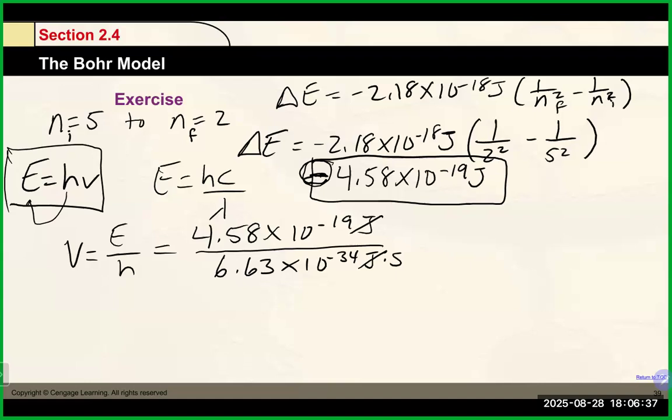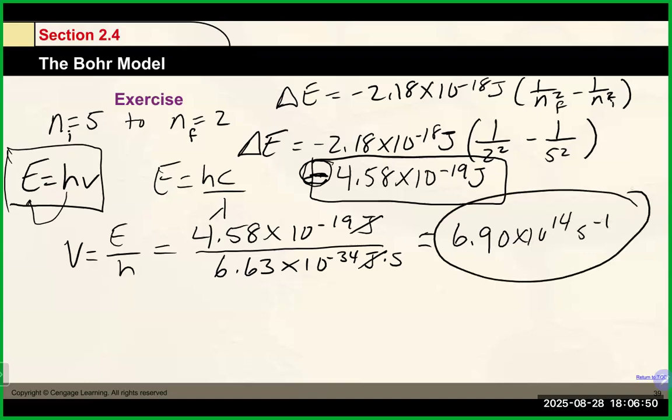Just not to confuse anybody else, I'm rolling with the whole number on my calculator, not the rounded number. And dare I say, going to 2 decimal places, 6.90 times 10 to the 14 reciprocal seconds in this case, or anywhere within plus or minus one of that last number. So you should be in good shape.